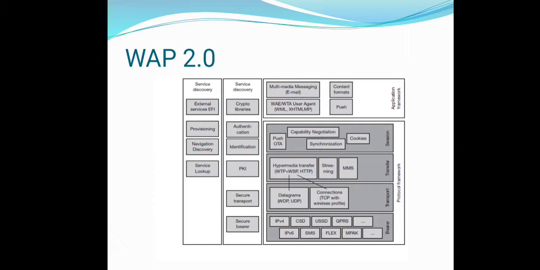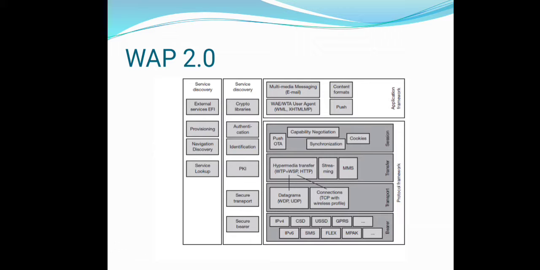XHTML is the Extensible Hypertext Markup Language, developed by the W3C in 2002 to replace and enhance the currently used HTML. WAP 2.0 uses the Composite Capabilities/Preference Profiles framework for describing user preferences and device capabilities.